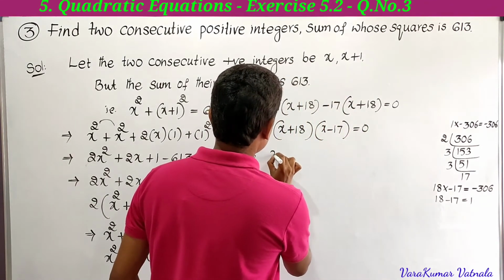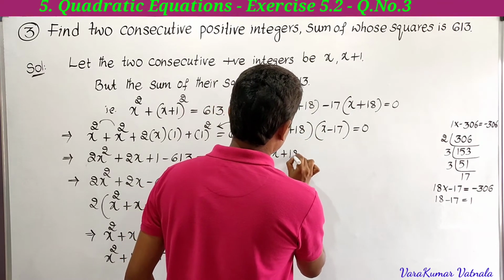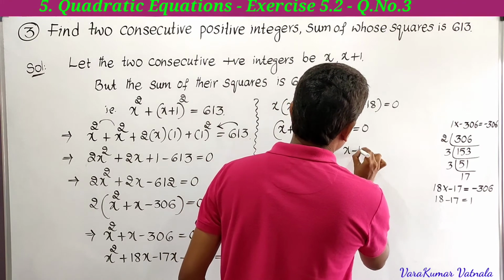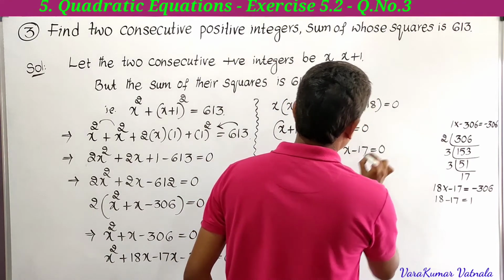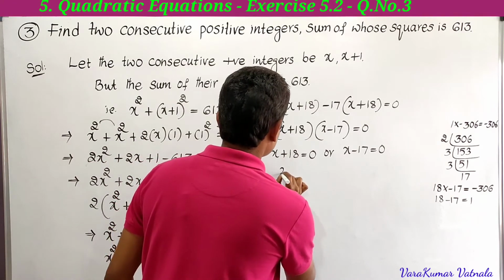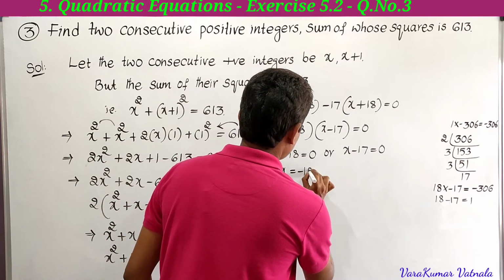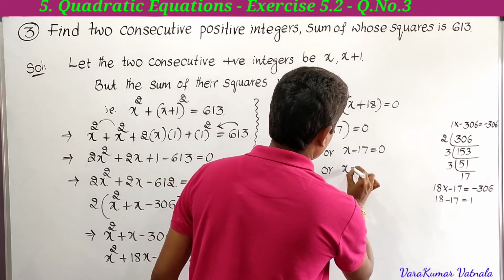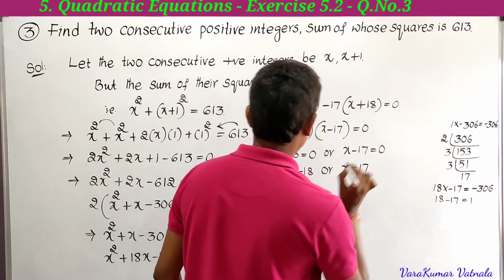So x plus 18 equal to 0 or x minus 17 equal to 0. Take plus 18 to the right side, we get x equal to minus 18, or take minus 17 to the right side, x equal to plus 17.